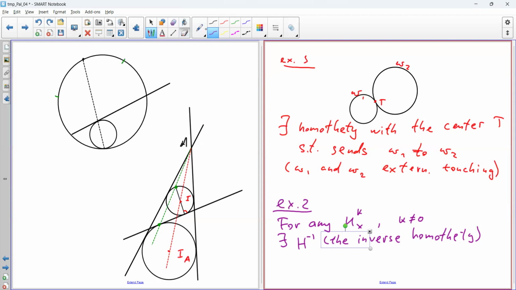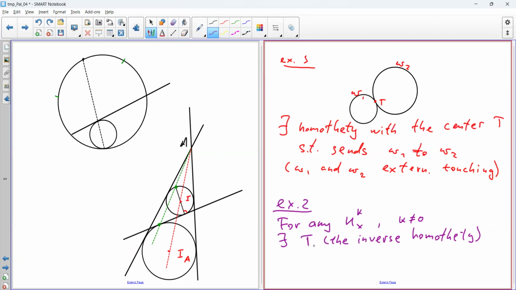So maybe it's better to let it be just t, and I will write down the fact that it's the inverse just in words.